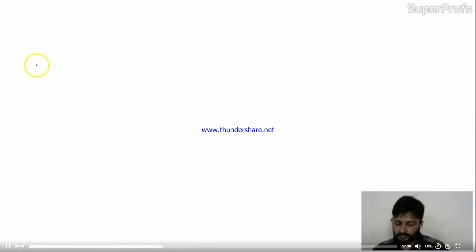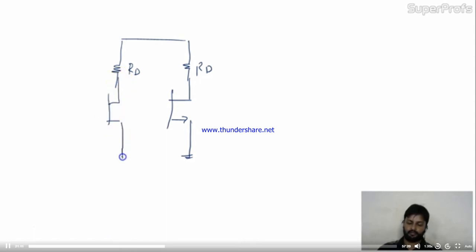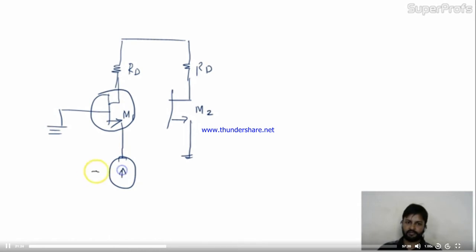Now another problem is given. This is the GATE problem in which you have RD like this, RD over here, this is grounded, M1, M2, like this, it's grounded. Here I am applying current source Iin.